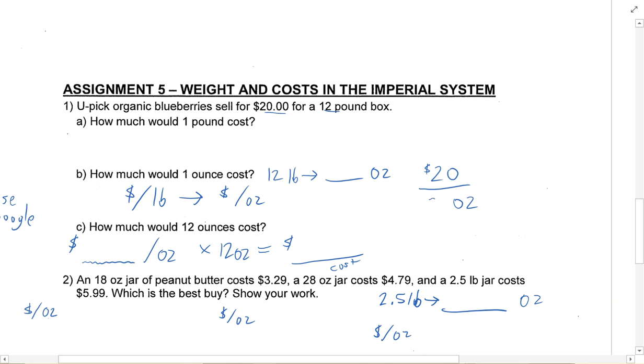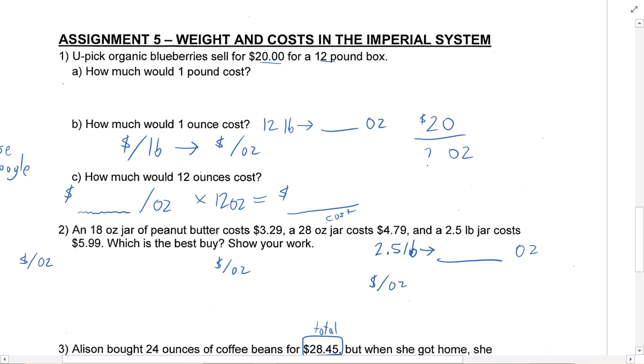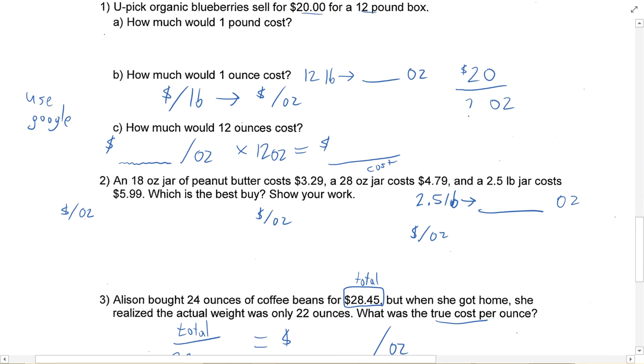Okay, good. And then to figure out how much 12 ounces would cost, you just multiply the cost per ounce, which we just found above, times 12. So up above you find the cost per ounce, and then you multiply it down below.